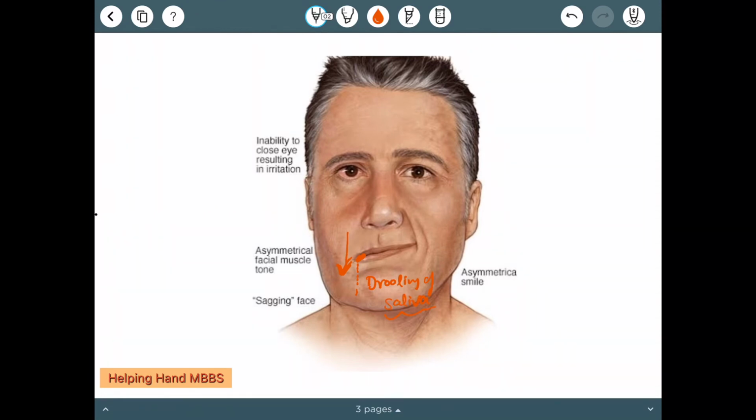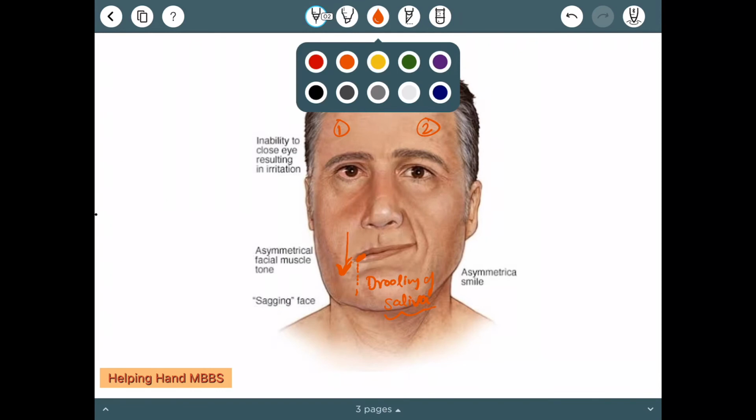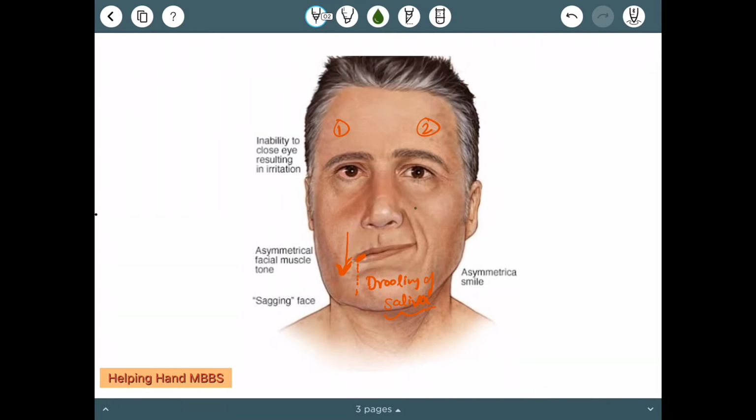Guys, can you tell me, after seeing this figure, which side, 1 or 2, is affected in this figure? So you may be thinking that this side appears to be more abnormal, so this may be affected, but no, it is very important that this side is not affected. The side affected is this.